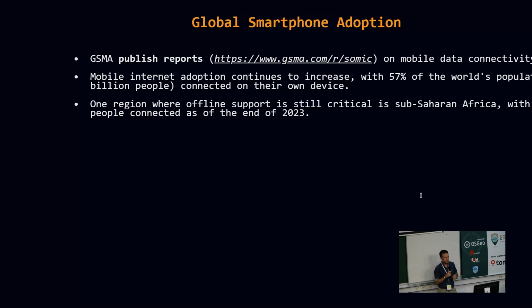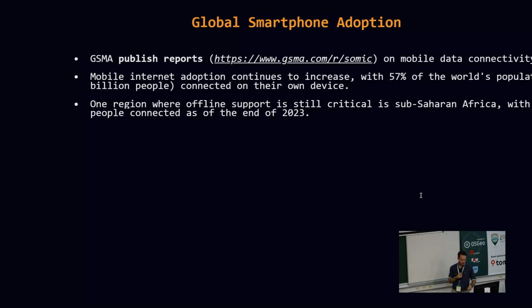So there's been a huge increase in smartphone adoption. Approximately 57% of the world's population, a very rough estimate, have a smartphone these days, and this can be determined from connections to mobile cell towers, right? So generally, GSMA here can do a rough prediction based on how many people connect to data.